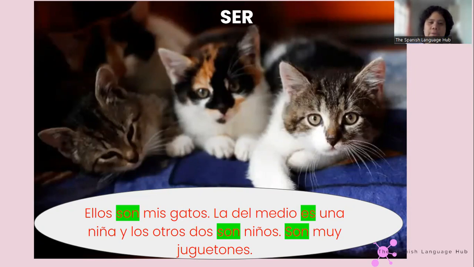So now, again, I'm establishing my relationship with them. They are my cats. I'm also saying the one in the middle is a girl and the others are boys, so I'm talking about their gender and their personality.